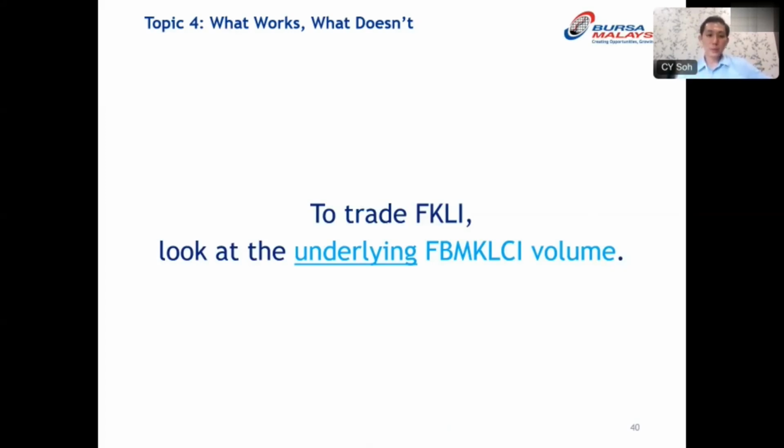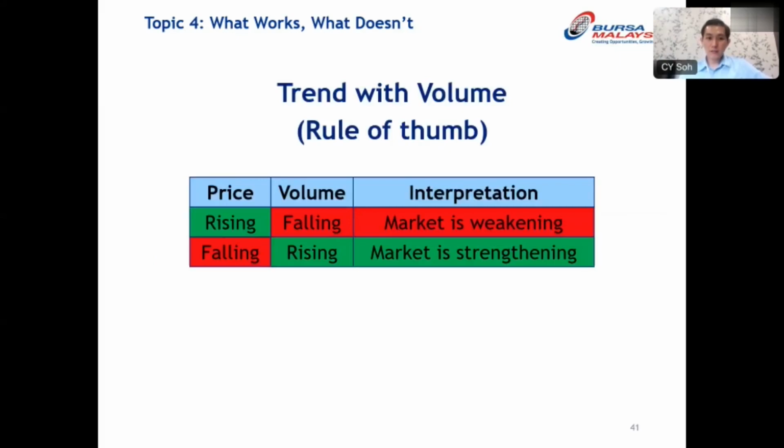But if you're trading FKLI, I think it would be meaningful for you to look at the underlying trading volume, which is the FBMKLCI, the index itself. The FBMKLCI, the day-to-day trading volume, not the FKLI volume. Now back to the very foundation of volume. How do you interpret that? For trading FKLI, you can use the general rule of thumb of how you identify volume in stocks, which is using this technique.